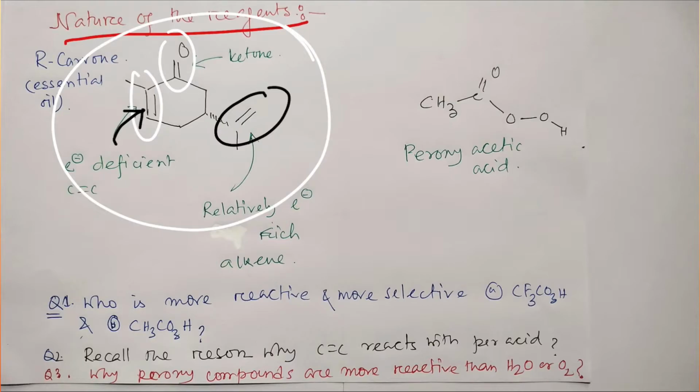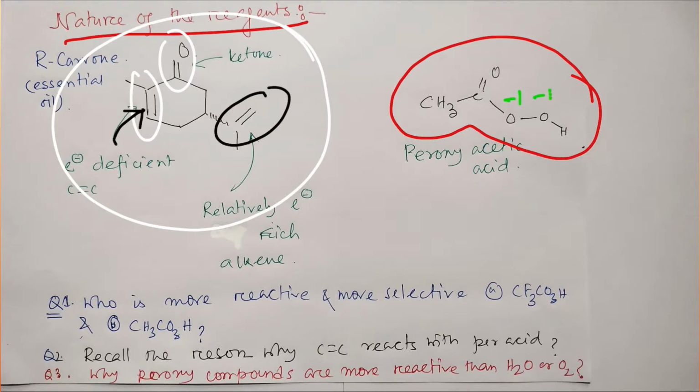Now another reagent is peroxyacetic acid, or better to say peracid. The interesting point you should remember is that in this peracid, this oxygen has a -1 oxidation state, which is unstable. That's why they prefer to undergo reactions such that they can oxidize someone and be reduced to the -2 oxidation state.